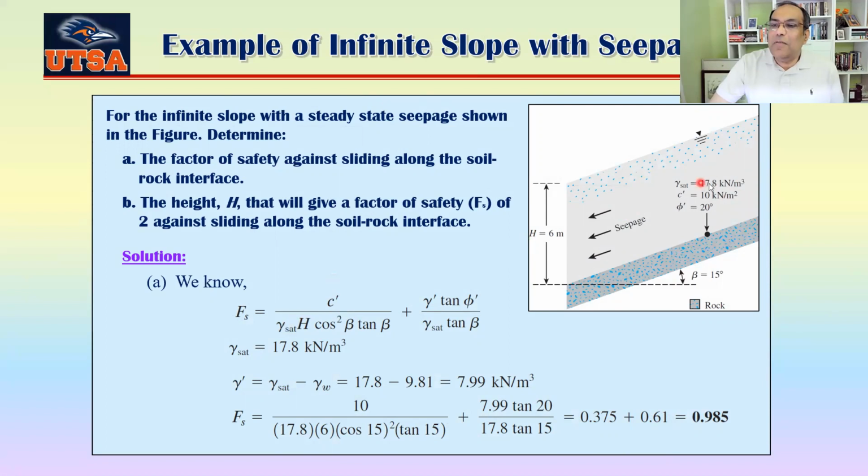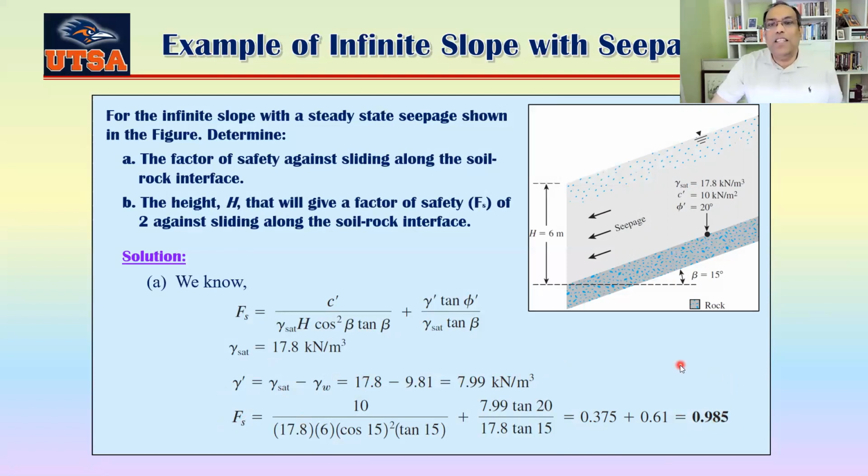Gamma sat is given as 17.8. H here is 6 meter. Then cosine square beta, where beta is 15 degrees here. Tan beta, again 15 degrees. This one is your submerged unit weight, which is 17.8 minus 9.81, gamma sat minus gamma W, so 7.99 kilonewton per meter cube. So if you solve that one, you get a factor of safety of 0.985.